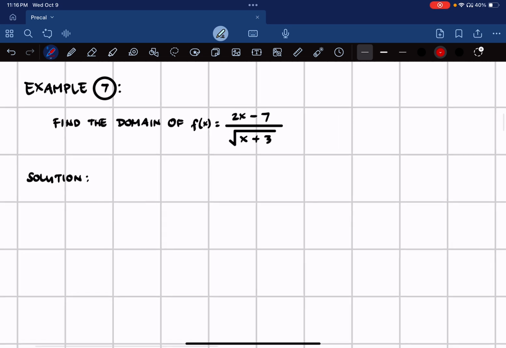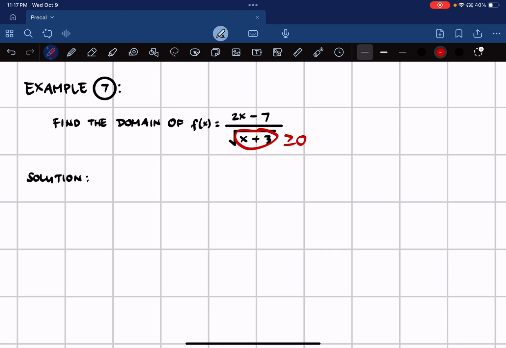Example 7. Now, this one is unique. Our function is a rational function, and it also has a radical, a square root. Let's look at the square root first. The expression inside must be greater than or equal to 0.